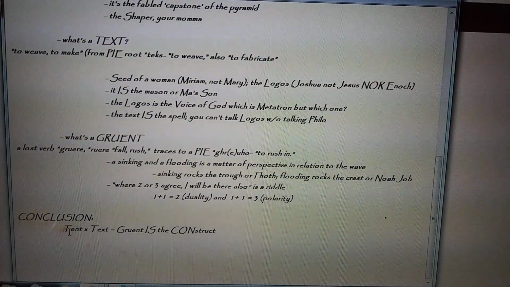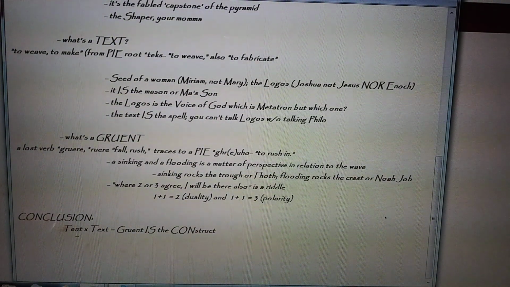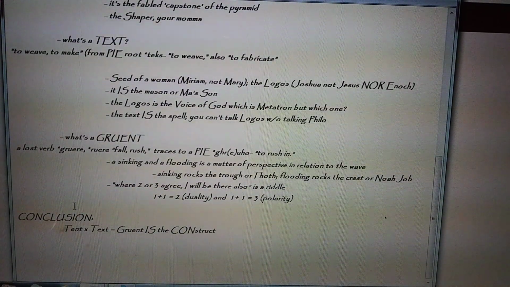So what's the conclusion, right? That your tent times, or let's use the simplest form, your tent plus your text equals your gruent, right? Your tent times your text got to be gruent. Okay.